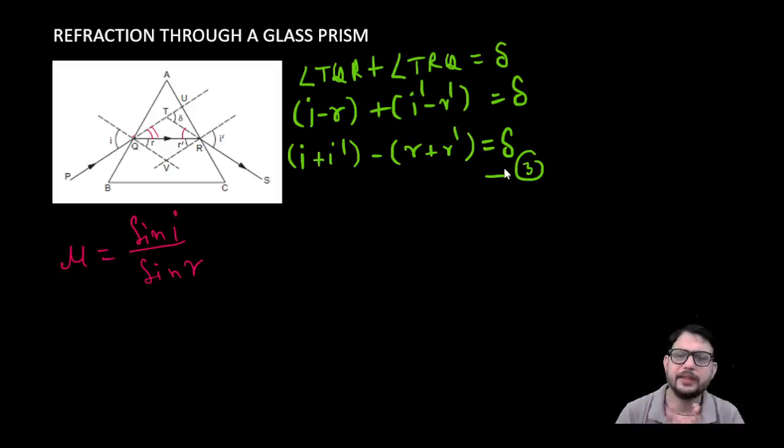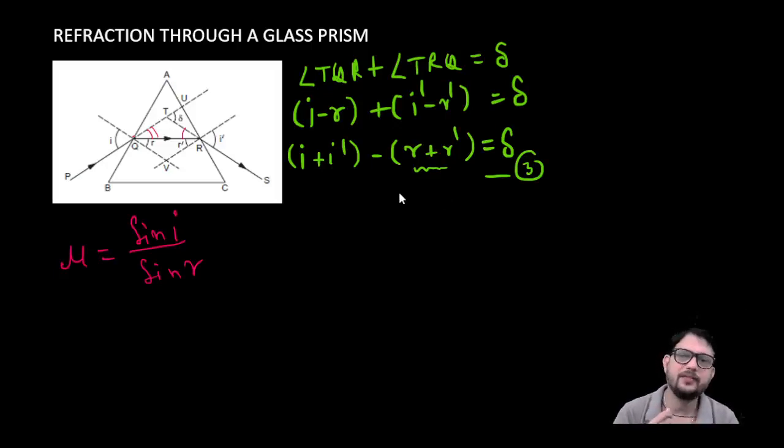Now we will focus on r plus r dash, because first we focused on the points of the interfaces, Q and R, and managed to calculate the angle of deviation in terms of angle TQR and TRQ. But now we have a new expression in terms of r plus r dash.